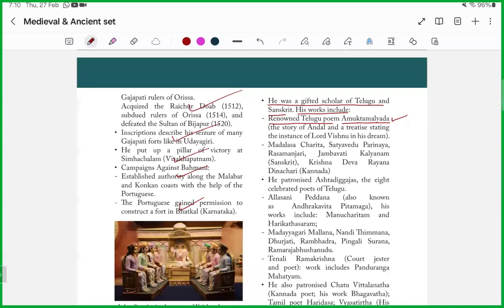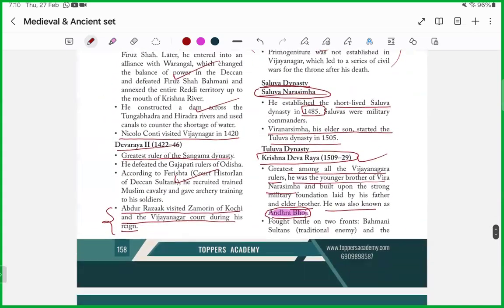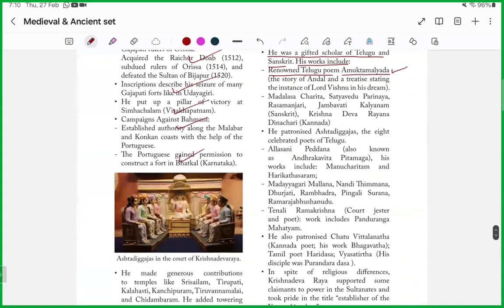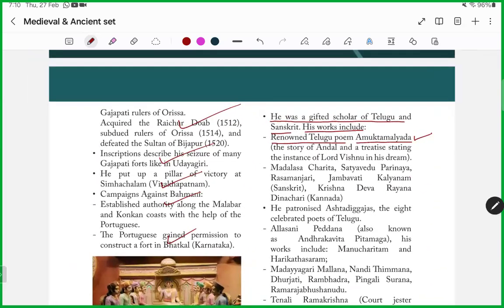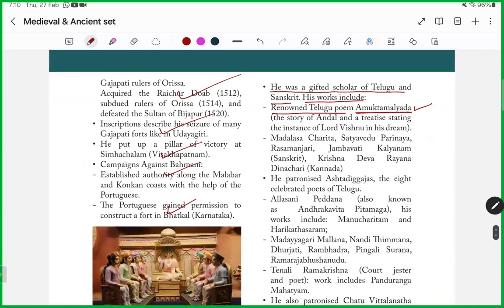As you can see, the important thing to remember about Krishnadevaraya's scholarly work is the Amuktamalyada. Amuktamalyada is a story of Andal and a treatise stating the intents of Lord Vishnu in his dream. His other works include Madalasa Charita, Satyavadu Parinaya, Rasamanjari, Jambavati Kalyanam in Sanskrit, and Krishnadevarayana Dinacharike in Kannada.